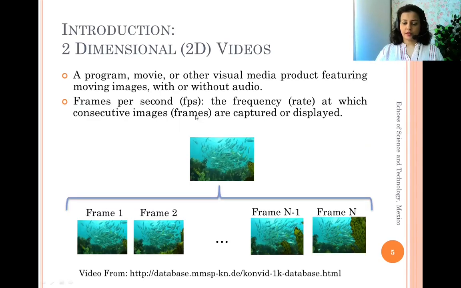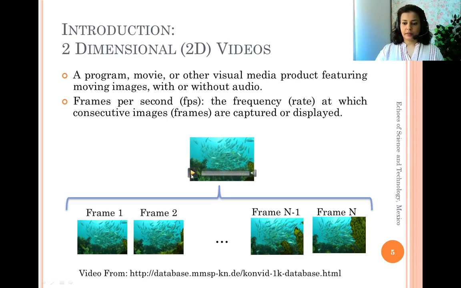Imagine we play hundreds of two-dimensional images in a sequence and over a given time frame. This phenomenon gives us a two-dimensional video that is composed of these hundreds of two-dimensional images. To define two-dimensional videos technically, it is a program, movie, or other visual media product that features moving images, and it can be with or without audio.